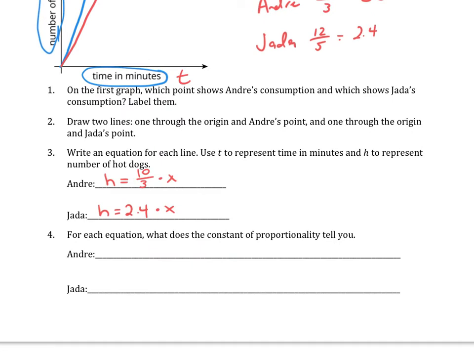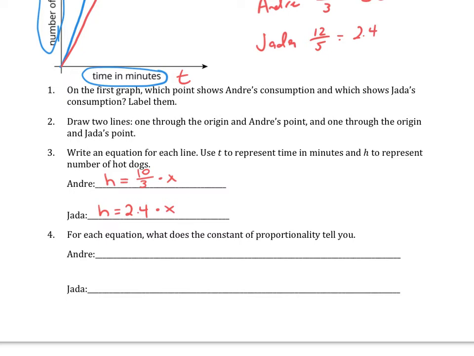Next, it asks us to identify for each equation what the constant of proportionality tells us. So this is not just what the number is, it's what it means in terms of this situation.